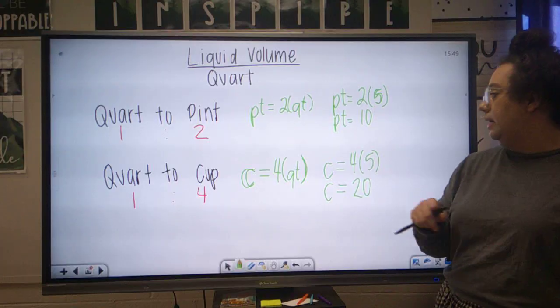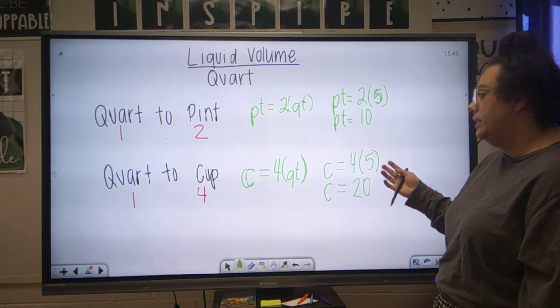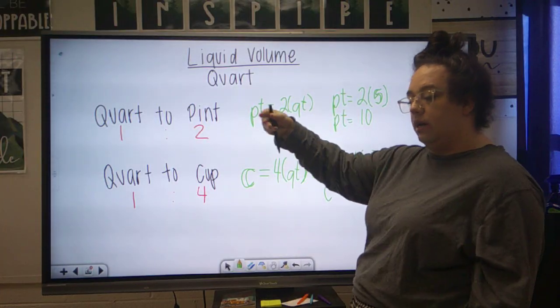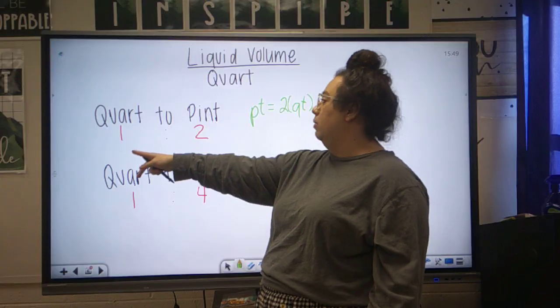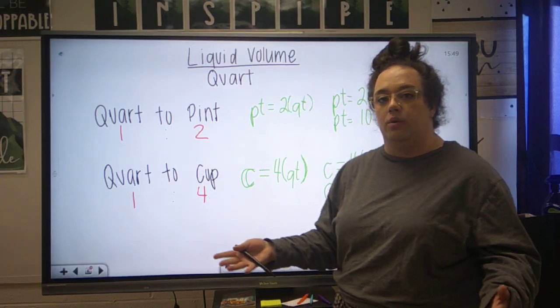So in 5 quarts, I would have 20 cups. So it's the same process once you know the ratio or how many there are in another. So there are 2 pints in 1 quart, there are 4 cups in 1 quart. It kind of helps to build your equation.